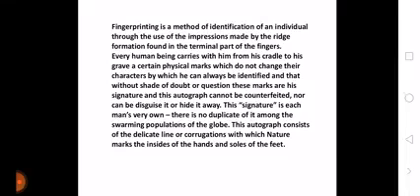These marks are his signature, and this autograph cannot be counterfeited, nor can it be disguised or hidden away. This signature is each man's very own. There is no duplicate of it among the swarming populations of the globe. This autograph consists of the delicate lines or corrugations with which nature marks the insides of the hands and soles of the feet.